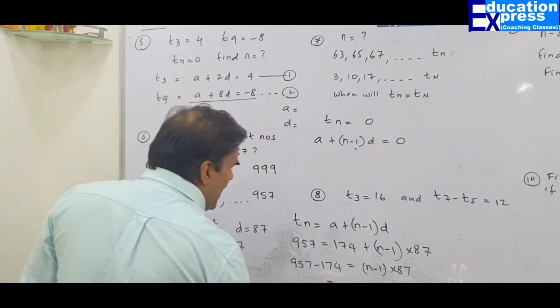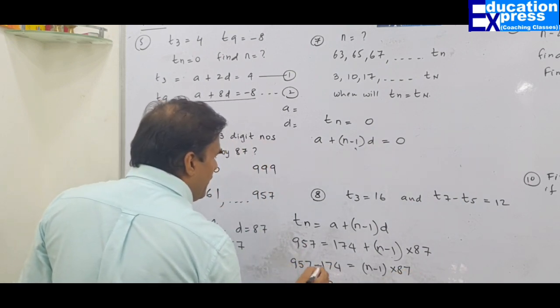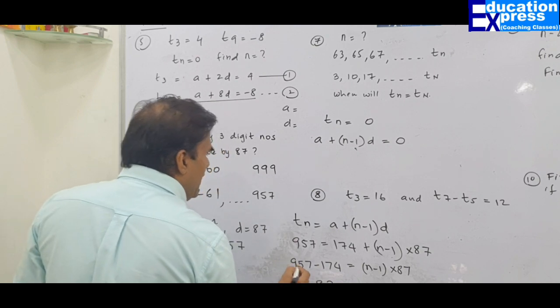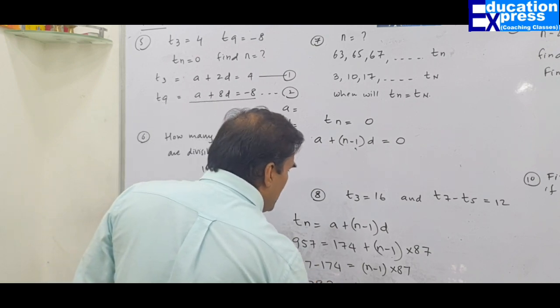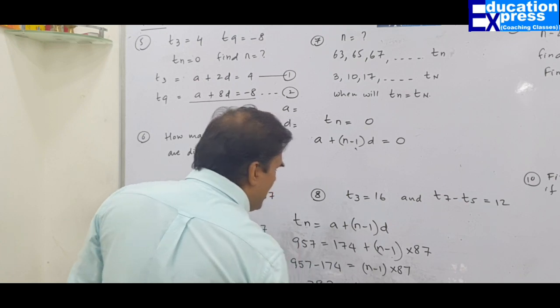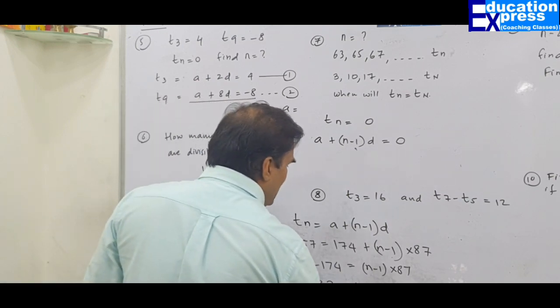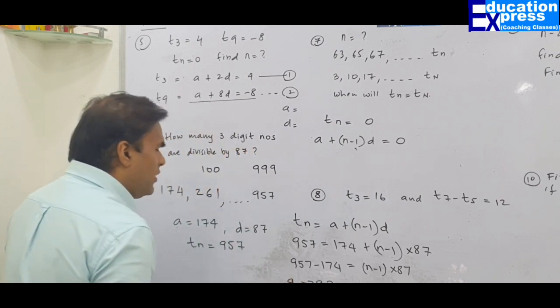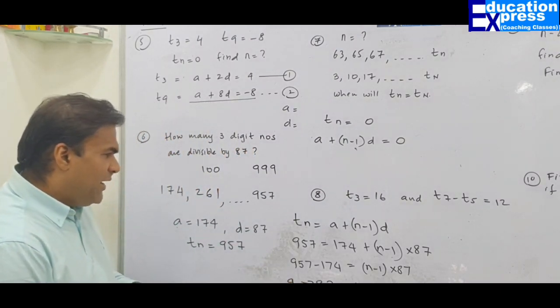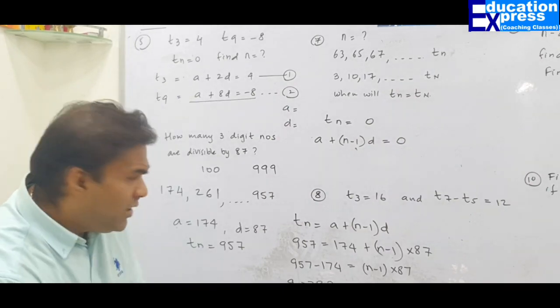When I subtract, 957 minus 174 is 783, which is 9 times 87. So 783 equals n minus 1 into 87, and 87 nines are 783.